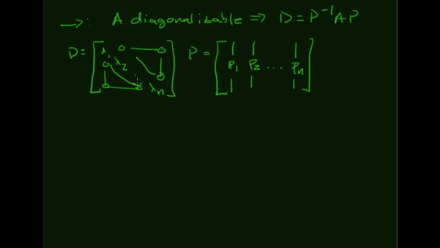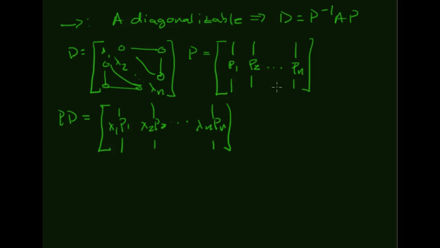If we take P times D, we're going to get columns lambda 1 P1, lambda 2 P2, out to lambda n Pn. So these are the columns of P times D.